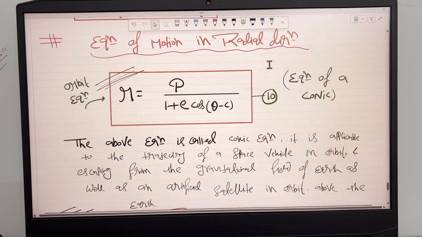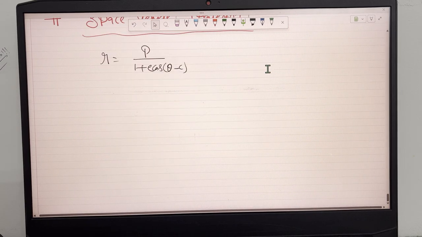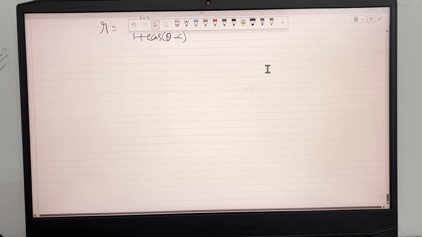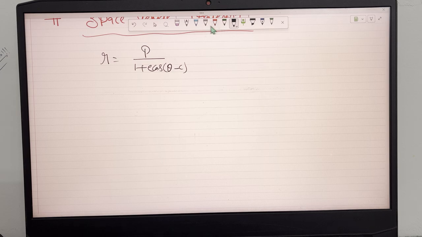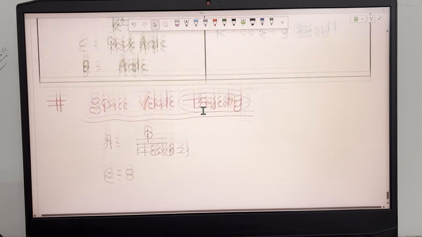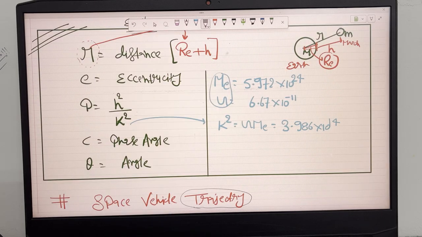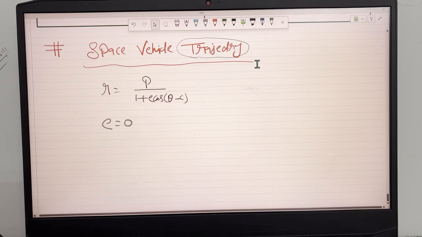Now this eccentricity can be different values. This is the eccentricity of a conic, because this is called the conic equation.